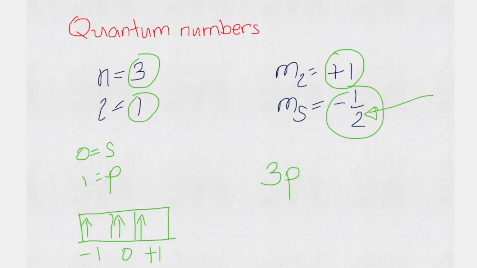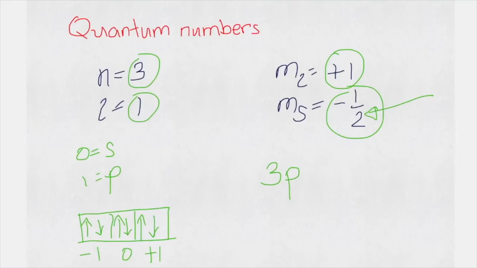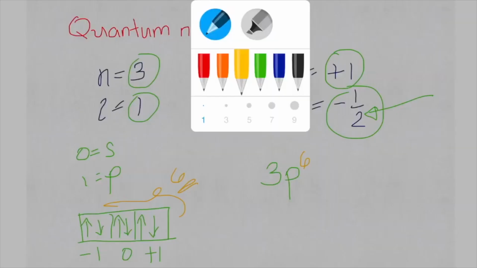Diba sa positive 1. Pero downward kasi negative 1/2. Kaya isa pa ulit, hanggang dun sa pinakadulo. Hanggang sa tumigil ka. Bibilangin mo lang kung ilan yung laman ng ating orbital. Di ba 6? Yun yung value ng P na electron. So, 3p6.